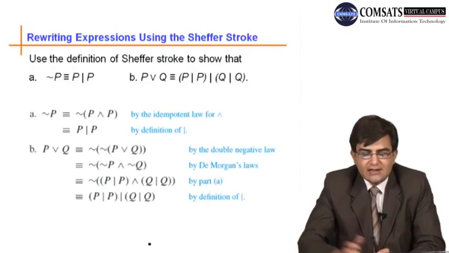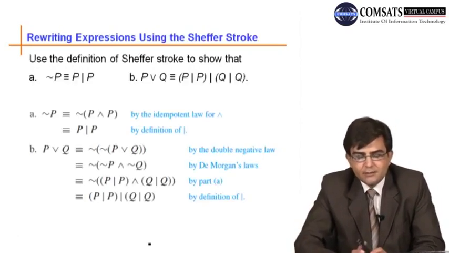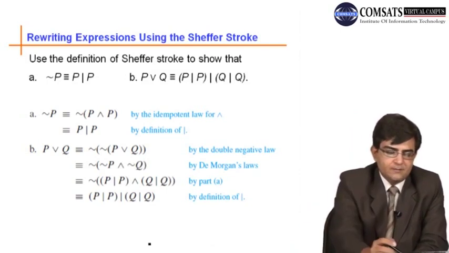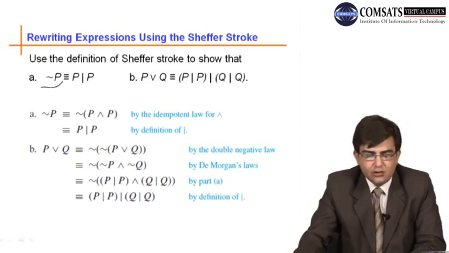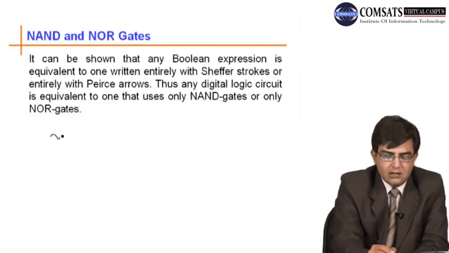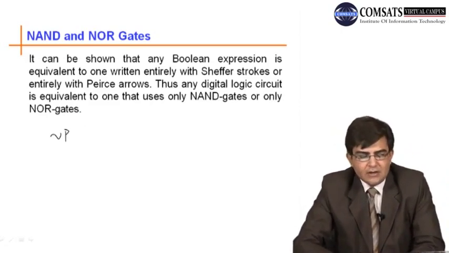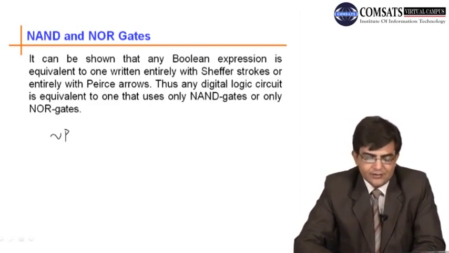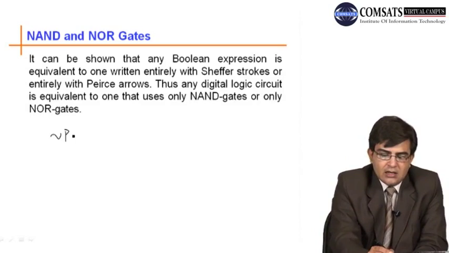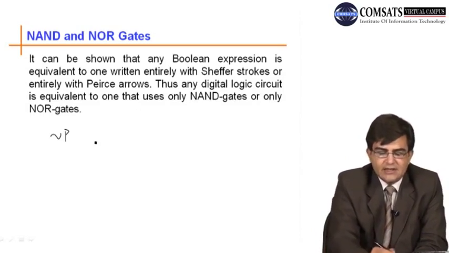For example, let's consider a very simple Boolean expression, not P. How to write this Boolean expression by using only Sheffer strokes or Pierce arrows?